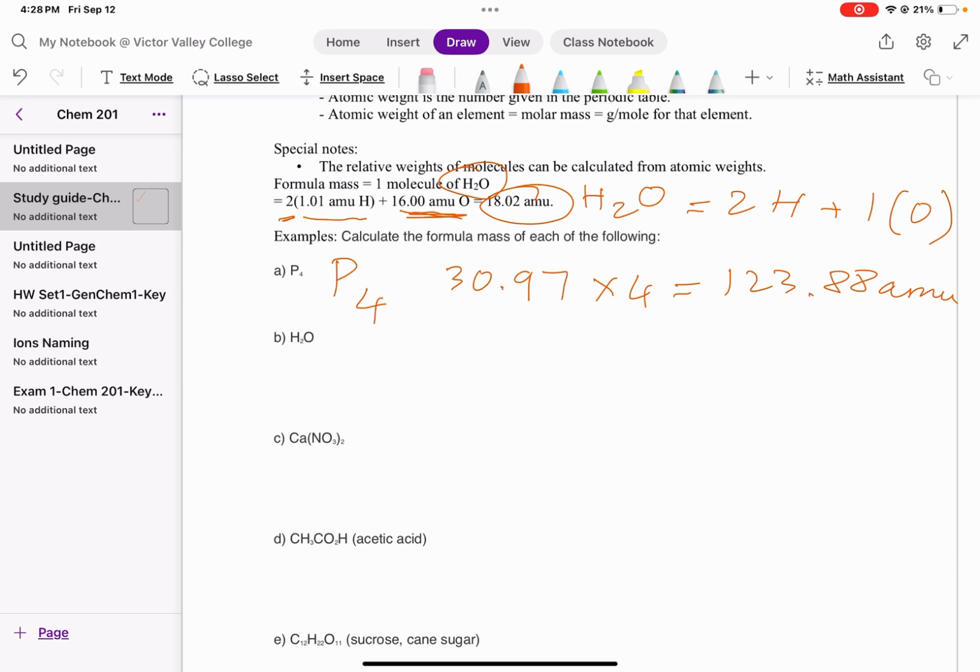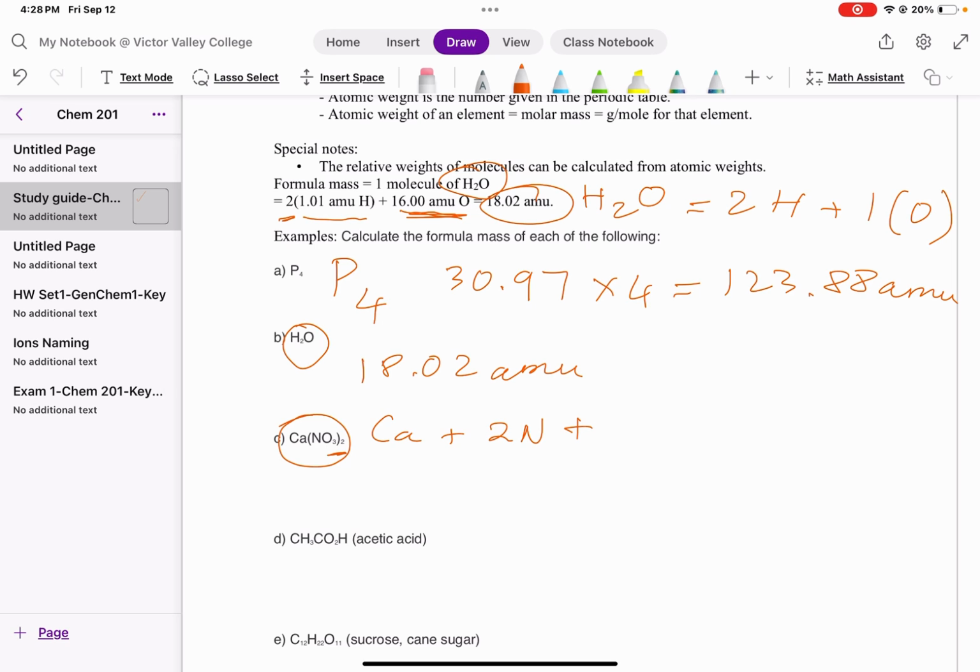Water, we already did water, 18.02 AMU. Well, here's a good one, calcium nitrate. If you look carefully, there's one calcium, and two nitrogens, because you notice that it's nitrate in parentheses, 2. Now, there's only one nitrogen, but parentheses times 2, that's why 2 nitrogens. Now, how many oxygens are there? There's 3.